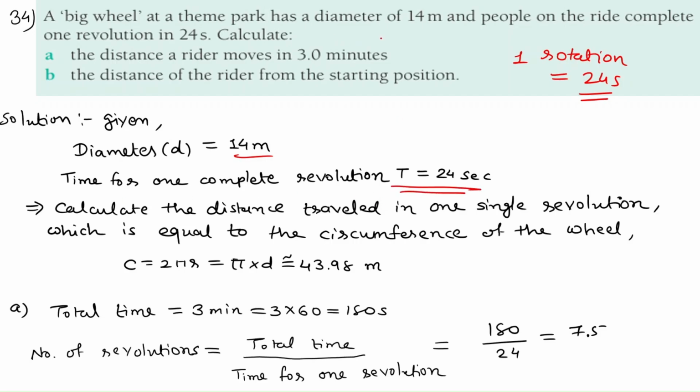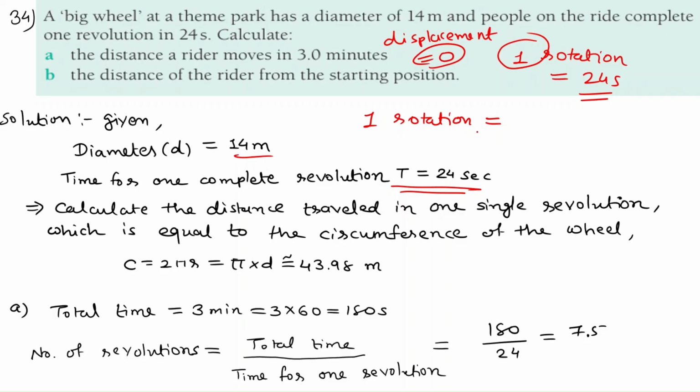So we have to find the distance traveled by the rider in 3 minutes. Before that, in 24 seconds it completes one rotation. So it means that in one complete rotation, the distance, not displacement. If displacement, it will be zero because it comes to the same position.